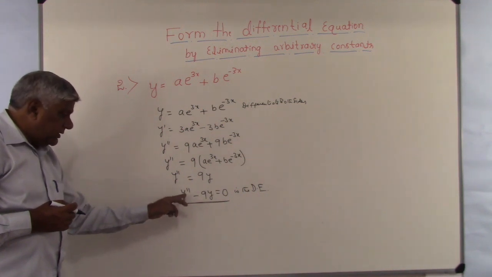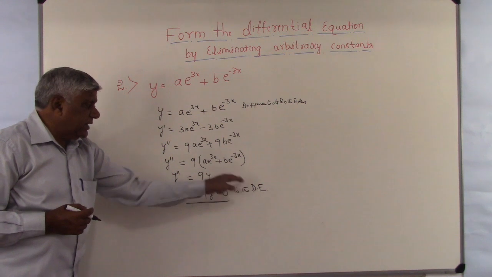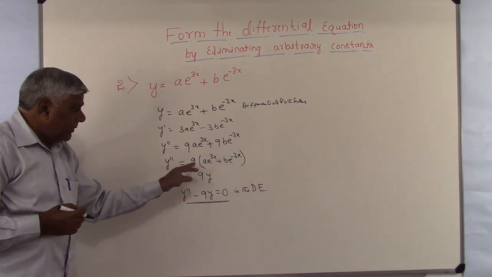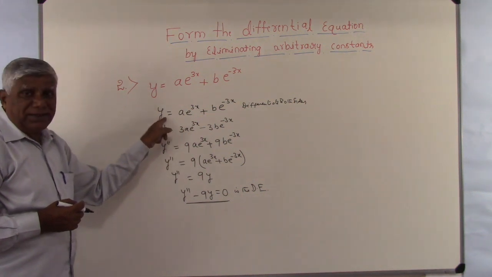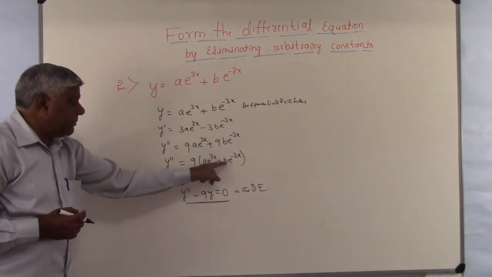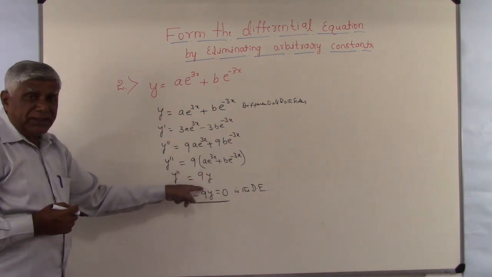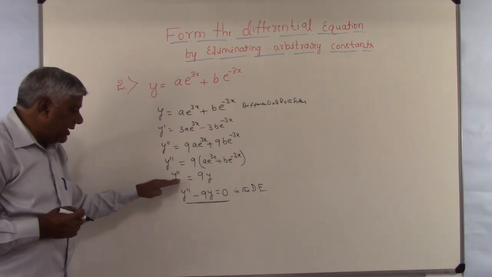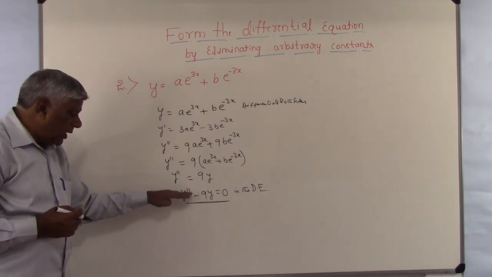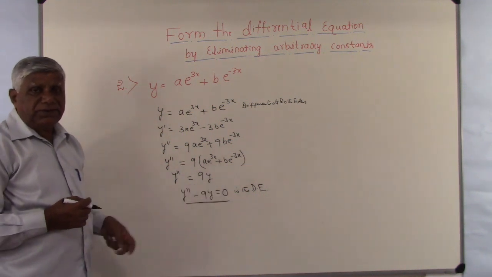So y double dash minus 9y is equal to 0 is the differential equation. See, you can see here y we have replaced because a e to the power of 3x plus b e to the power of minus 3x is equal to y. That is why we have replaced it by y. That is how y double dash is equal to 9y, y double dash minus 9y is equal to 0. This is the differential equation.